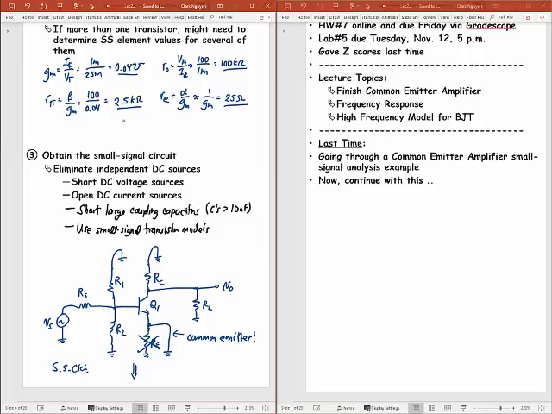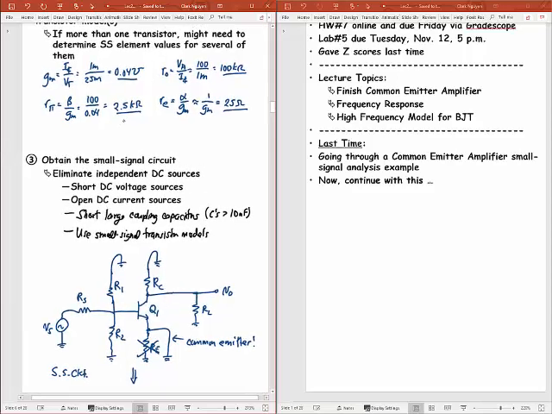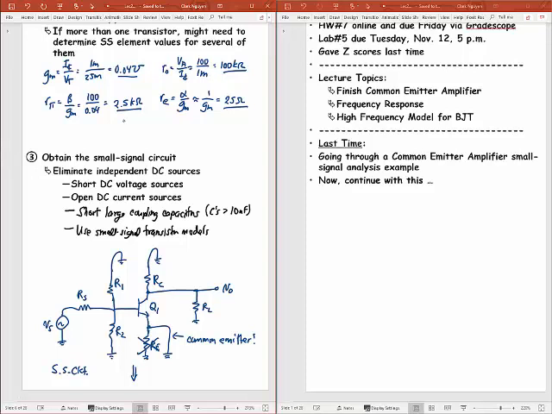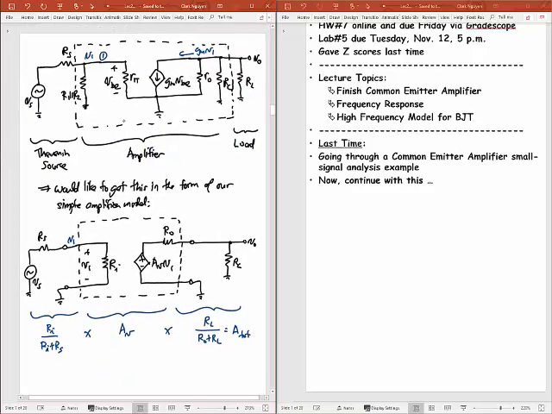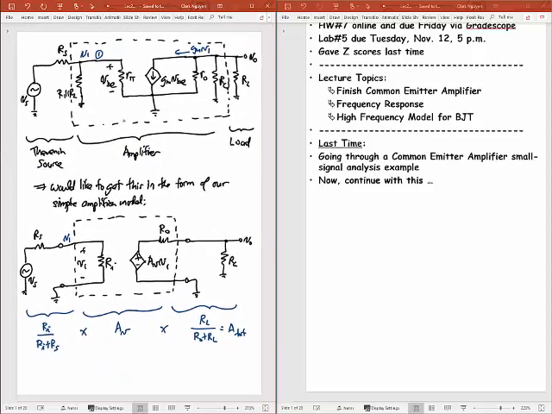We then analyze this circuit, and the way that we're doing it, at least right now, is to replace the transistor Q1 in there with its small signal equivalent circuit. And so this is the small signal equivalent circuit for a bipolar junction transistor. The VBE, r pi, this voltage controlled current source, and this output resistance r naught.